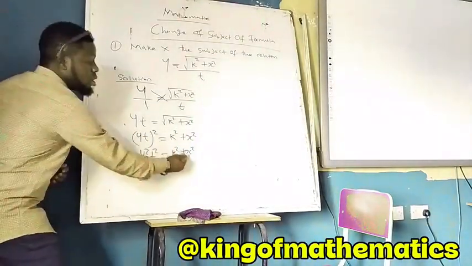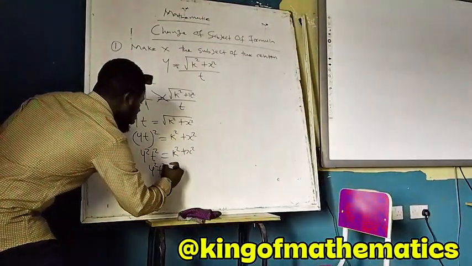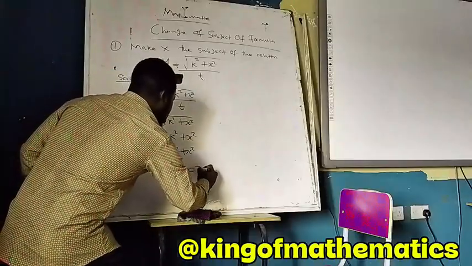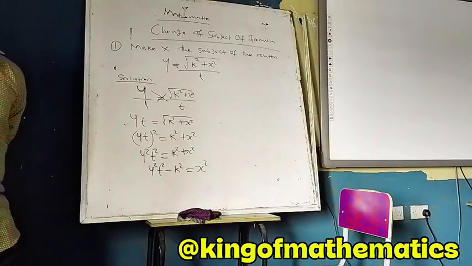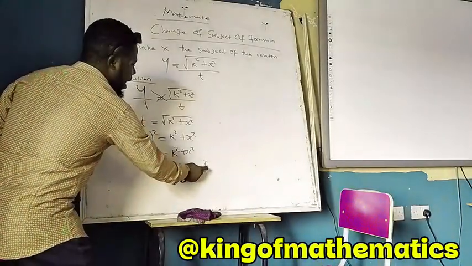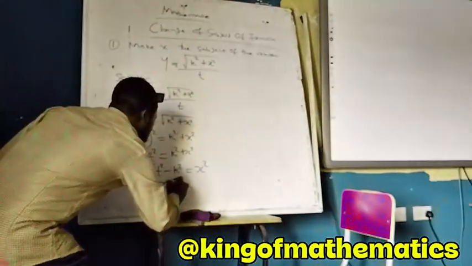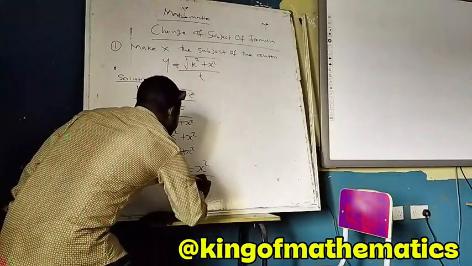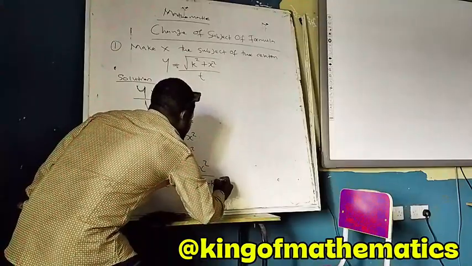So we transfer to this side, which gives us y squared t squared minus k squared equals the what? x squared. What did they ask us to find? Is it x squared or x? x. So therefore, to get our x, we have to find the square root of both sides. So that means our x will now be equal to the square root of y squared t squared minus k squared.